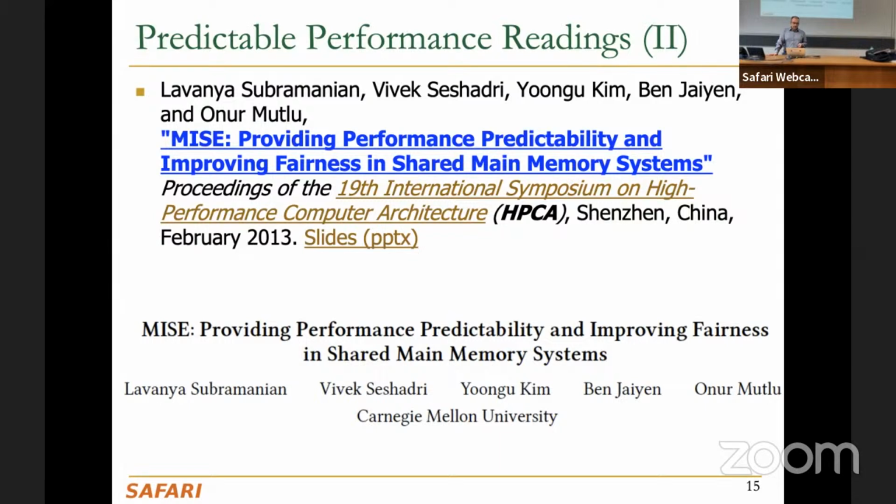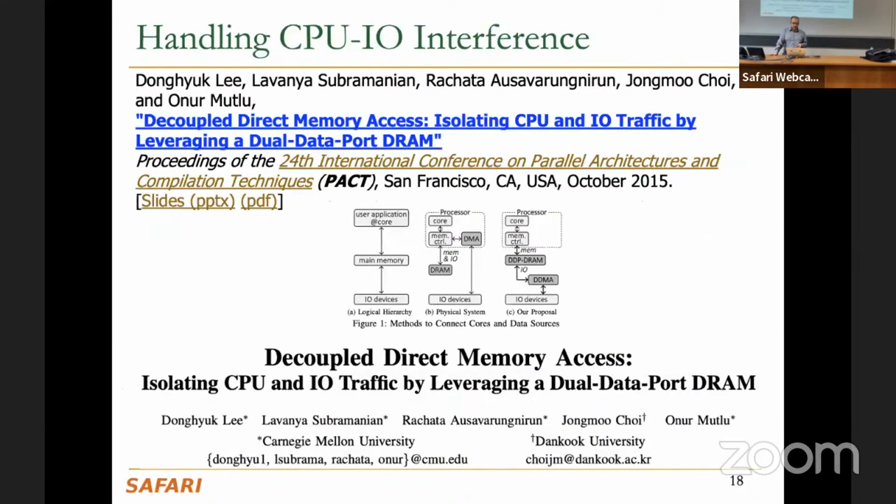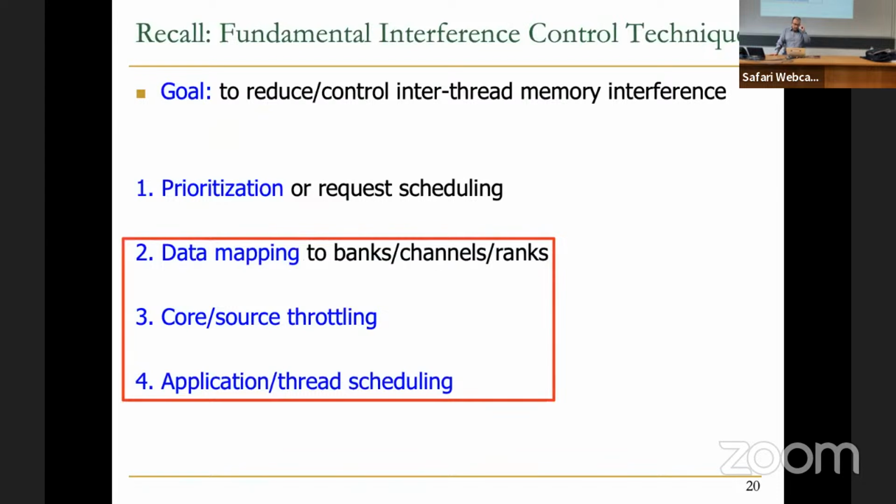Yeah, as I said, we also continued in this direction, and we have published quite a lot of different works. But I want to look into QoS approaches in a little bit more detail. So remember the fundamental interference control techniques that we discussed, where the goal is to reduce and control inter-thread memory interference.